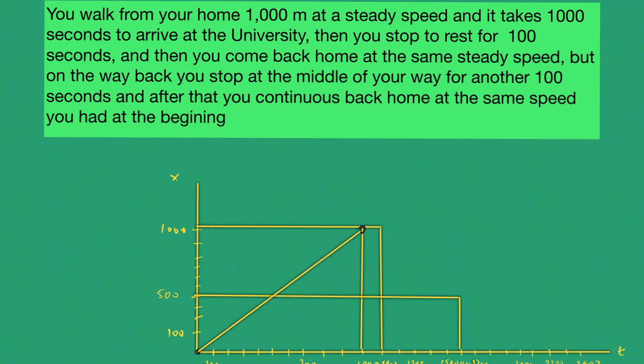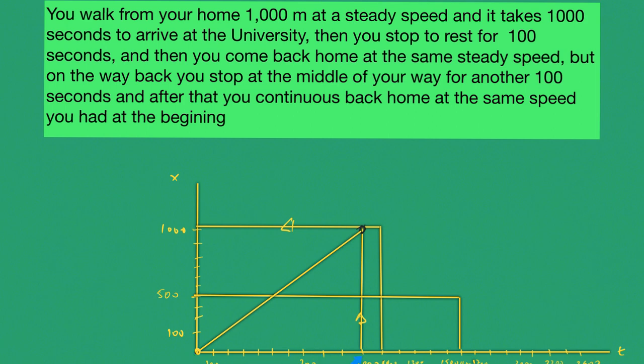Okay, this graph. So what does this graph say? It says that when 1,000 seconds have happened, you are at 1,000 meters. Initially, at 0 meters and 0 seconds, the clock had not started, you were at this position.